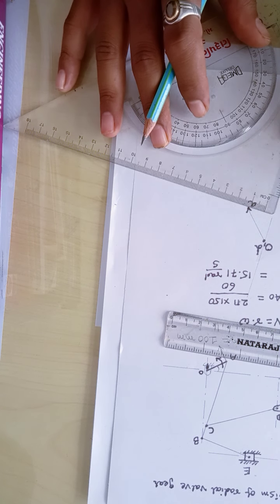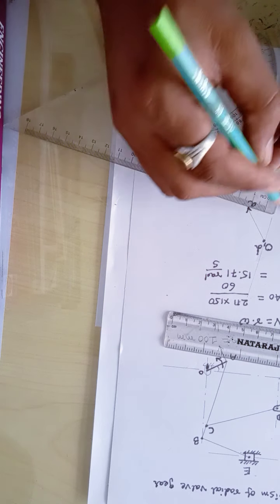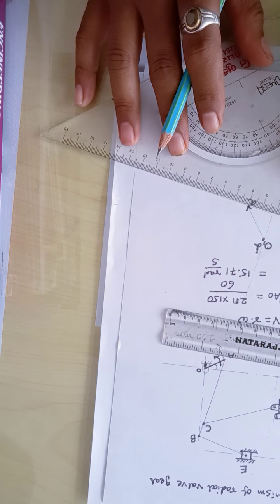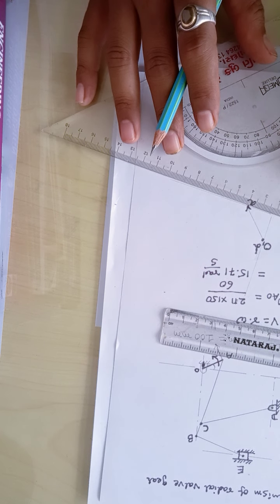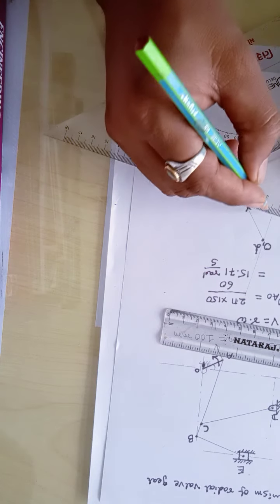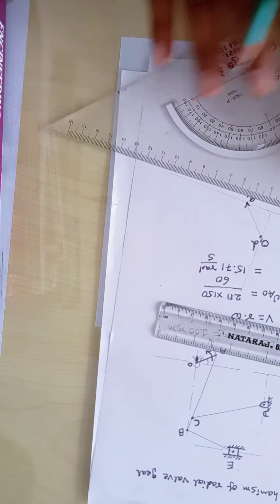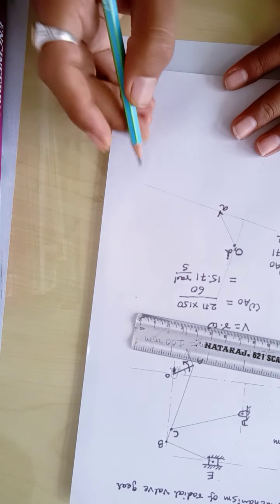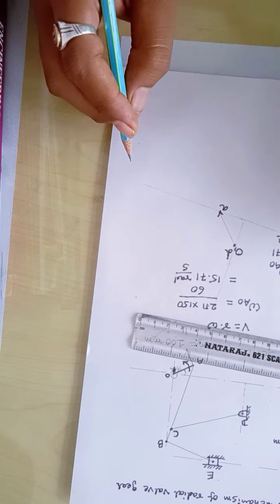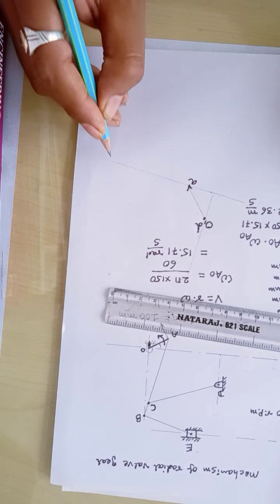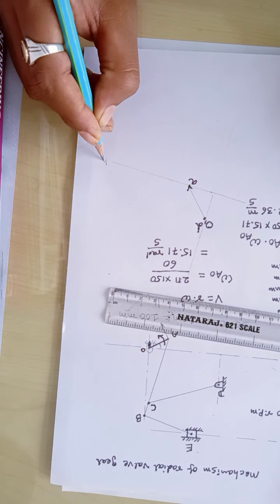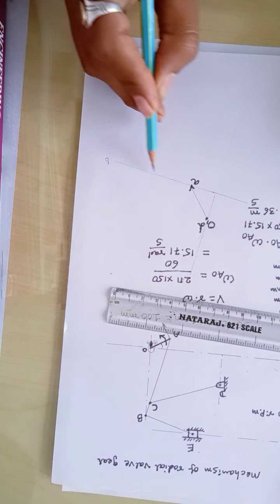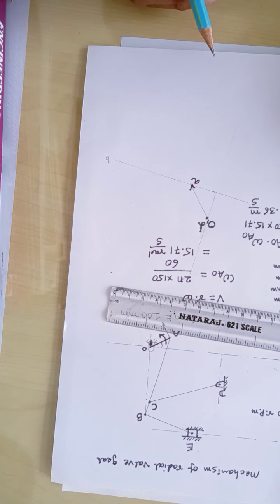I don't know the direction, so let me draw a line whose length is larger so that I can put B on this particular line. With the help of small letters I'll write B, so that I'll come to know that on this particular line small b will be available.